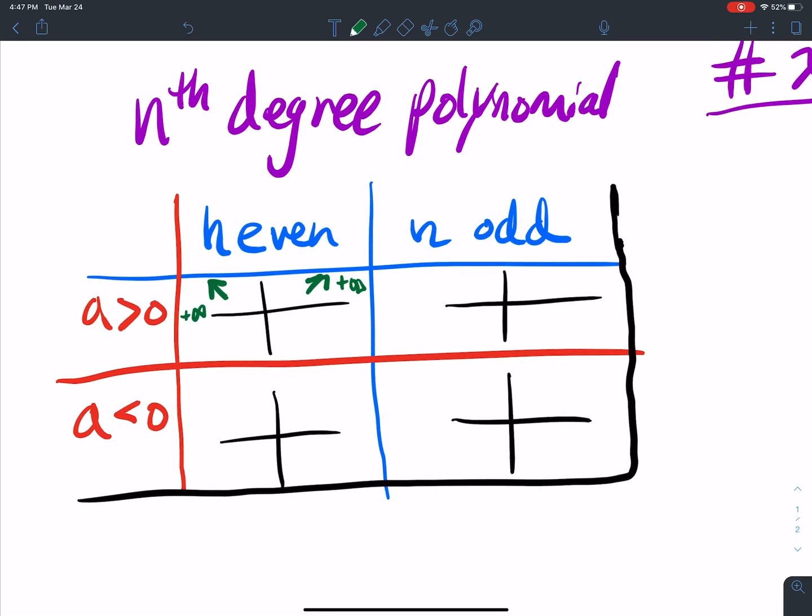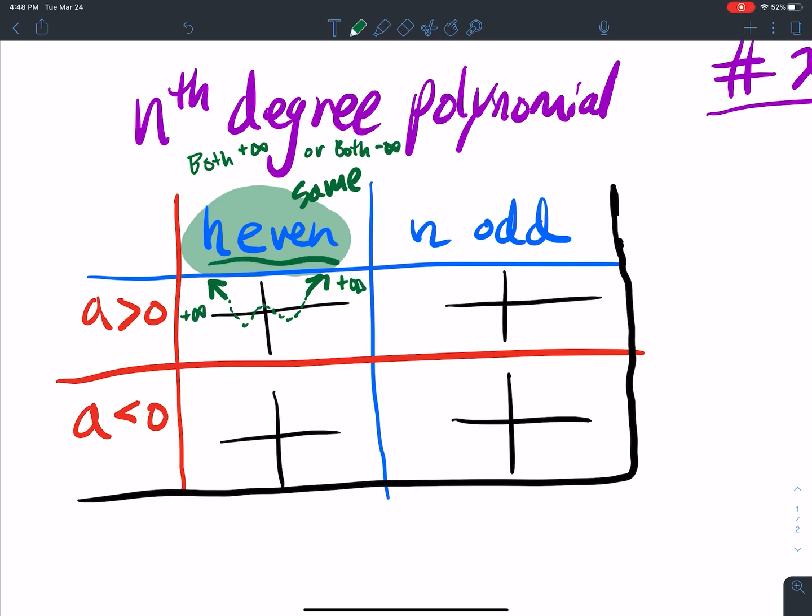Now, what happens in the middle here? Nobody knows, right? But we're talking about the end behavior. How do we know? Even tells me that it's the same. So either they're both plus infinity or both negative infinity.